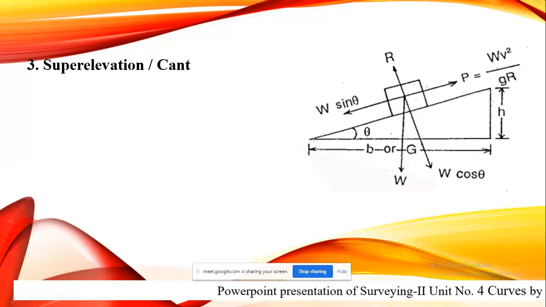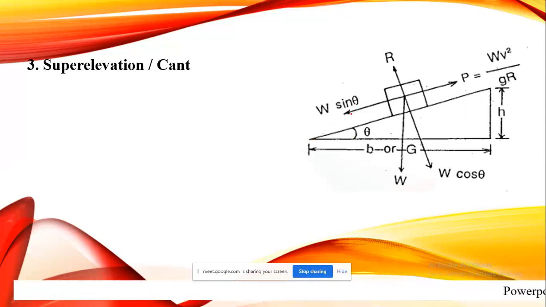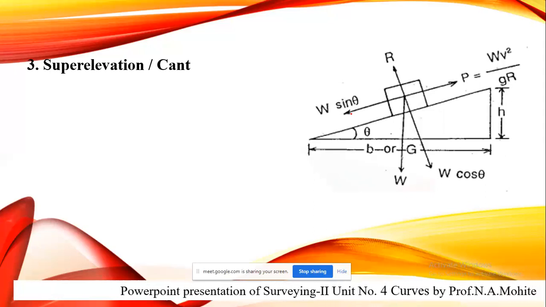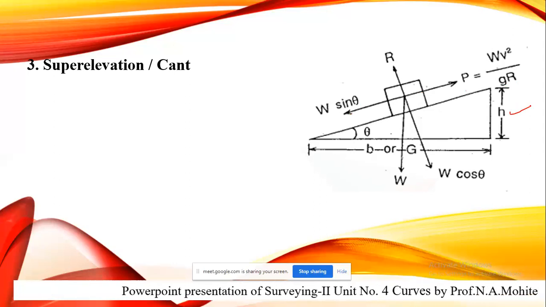Due to this we get a component, W sin theta, which counterbalances the overturning force. The height through which the outer edge of the road or rail is raised, this small edge, is known as superelevation or cant.